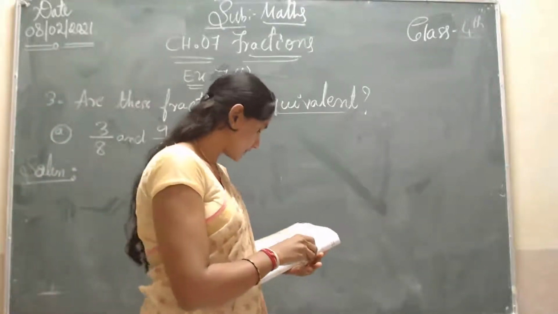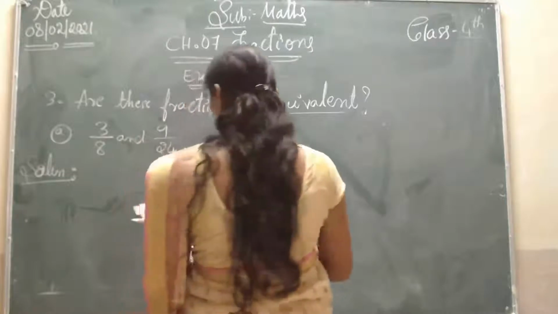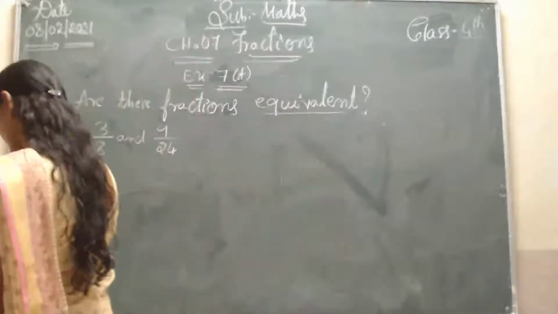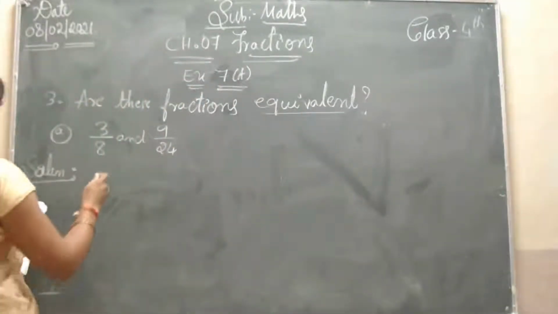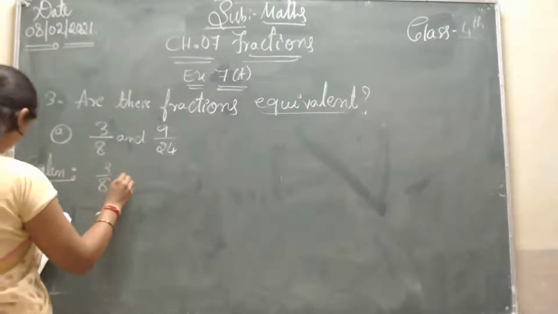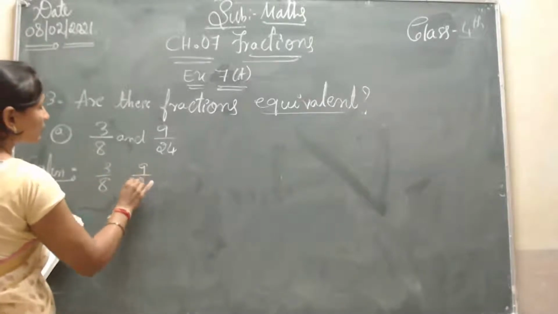The first step is to write the question as it is: 3 by 8 and 9 by 24.